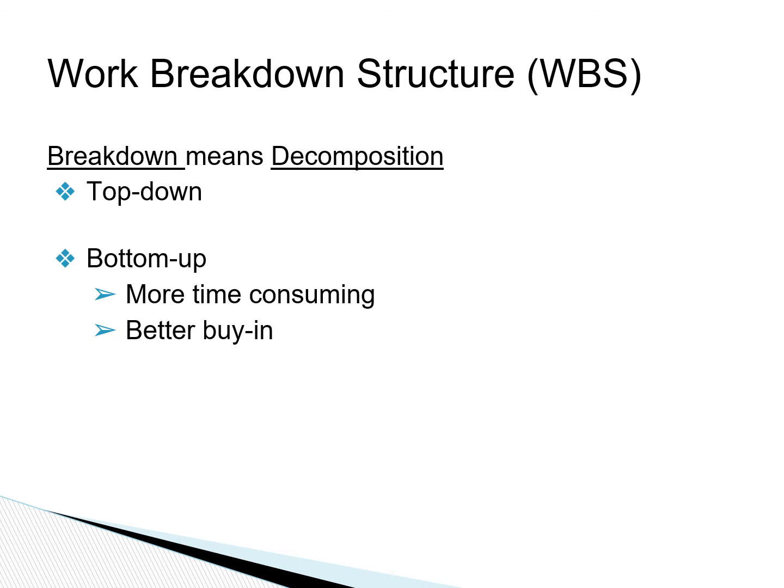The process of breaking down a project is called decomposition and can be done in two ways. We can use a top-down approach, which is really looking at the project from the top and identifying the major pieces or major phases of the project, and then from them break it down further.